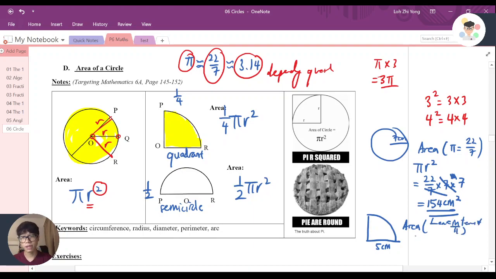I know the formula is pi r squared, but since this is a quadrant, I need to add 1/4. So it's 1/4 times pi times the radius, which is 5 squared. 5 times 5 is 25. So the answer is 25/4 pi cm squared.